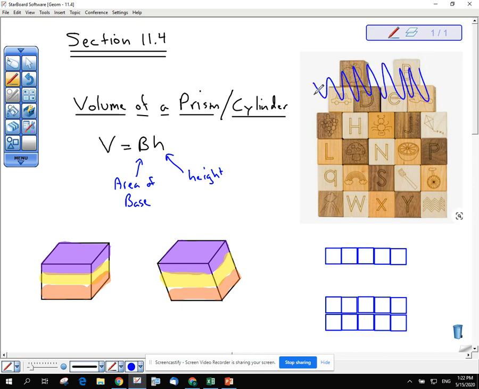Obviously we're going to get more complicated than this, but this is a really good way to explain what we're doing with volume. By the way, volume is defined in your book as well. It's just the space that a figure occupies. And as far as units go, now we will start to use units that are to the third, so meters cubed, inches cubed, miles cubed when we're talking about volume, because it's a three-dimensional calculation.